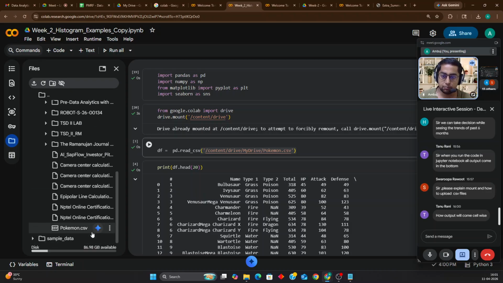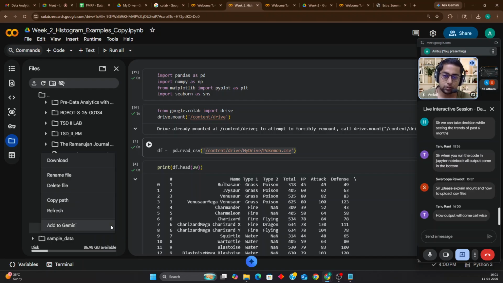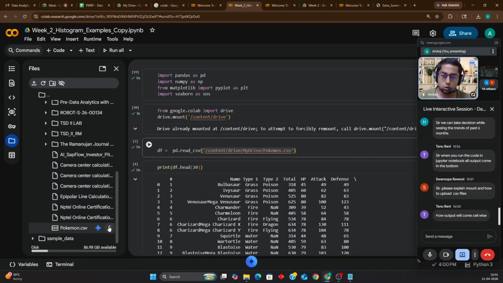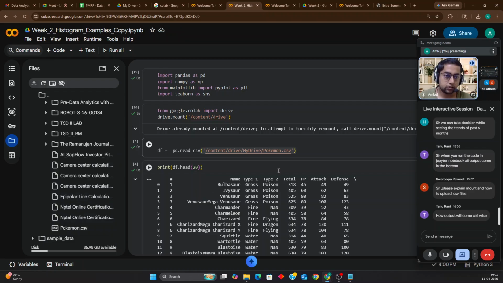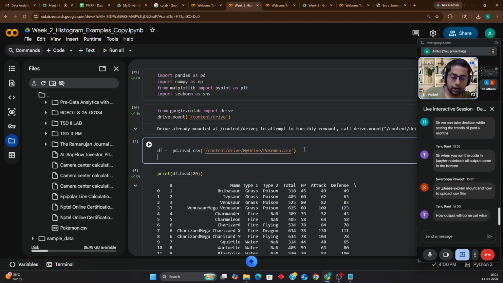See here, Pokemon.csv was there. I'll click on these three dots, and there is a copy path option. So I'll copy this path and paste it.